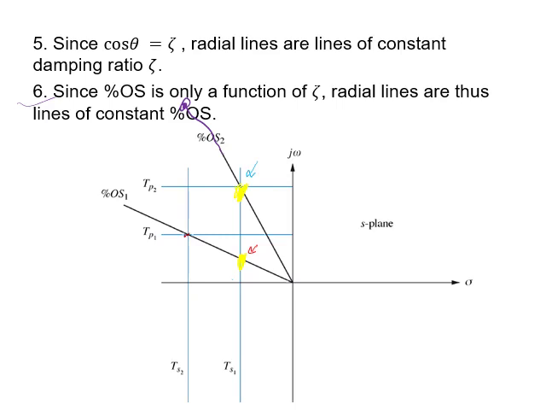So that's how we can decide from the location of the pole what the response is going to look like, whether the real part is bigger or the imaginary part is bigger, or there is no real part or only an imaginary part. This is all going to tell us something about the values of zeta or percentage of overshoot.